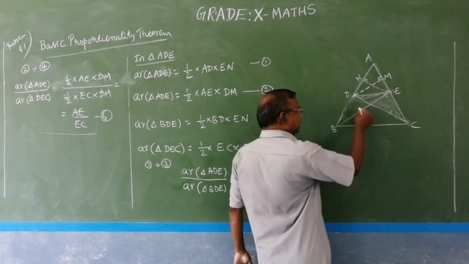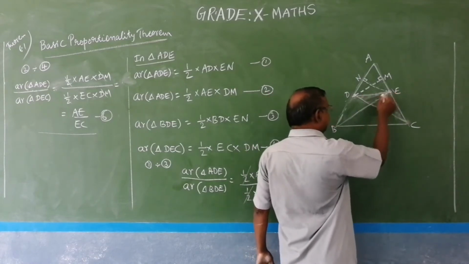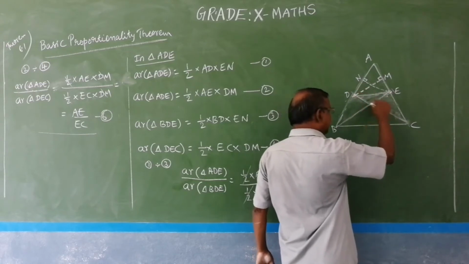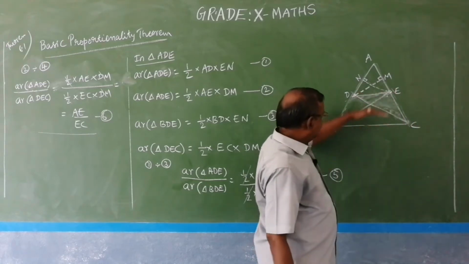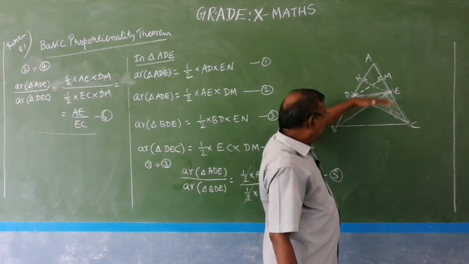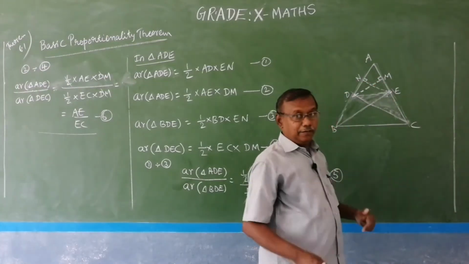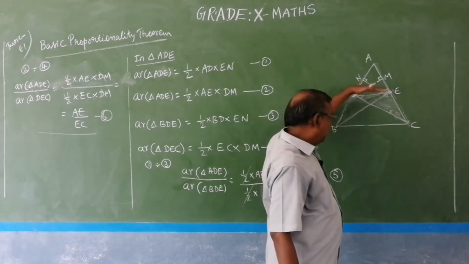That is, here the base is DE, the triangles DBE and DCE are on the same base DE and between two parallels DE and BC, because initially we have drawn DE parallel to BC.